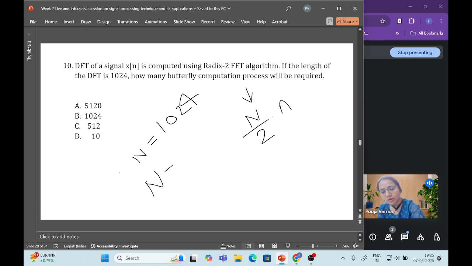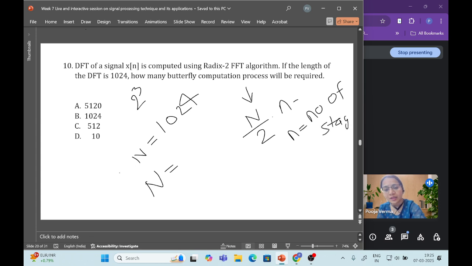I have told you about the 8-point DFT, so 2 to the power 3. So n is the number of stages. Okay, n is the number of stages here.